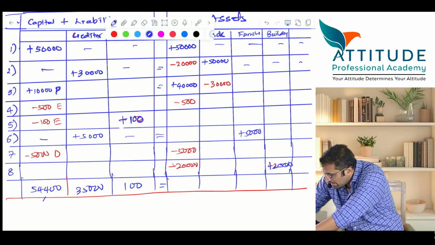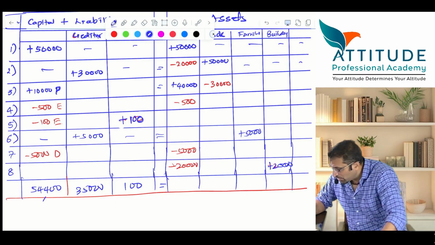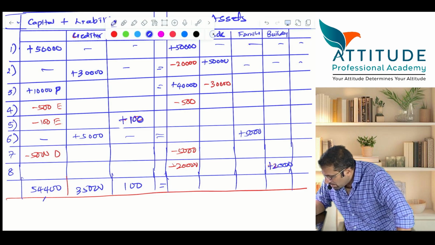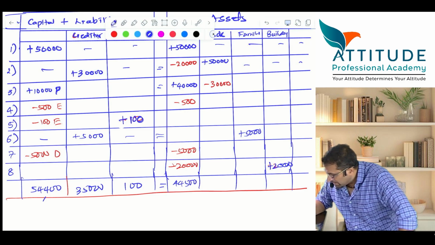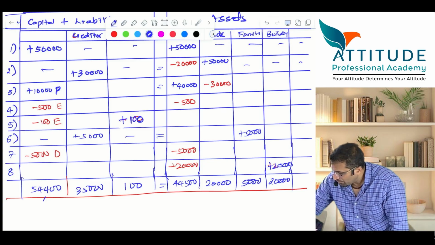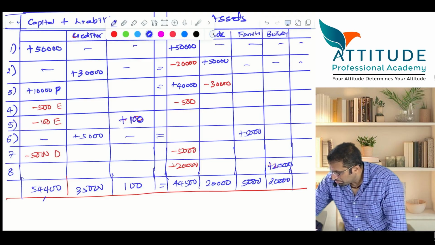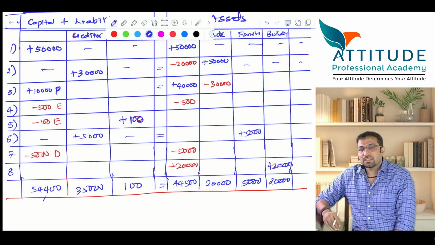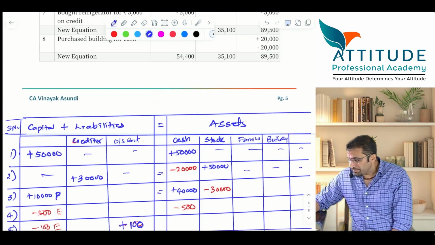Minus 5 minus 20 कितना है? 44,000. 44,500, correct है? Then here 20,000, then here 5,000, and here 20,000. So does it tally? Just check. Correct है? Yes. All of you understood?